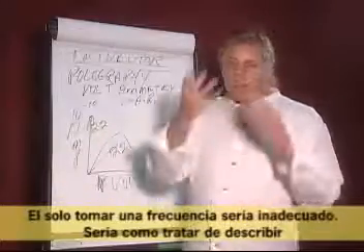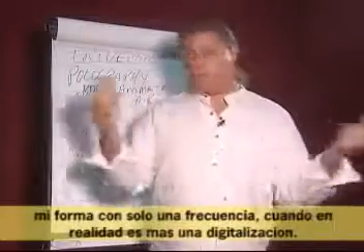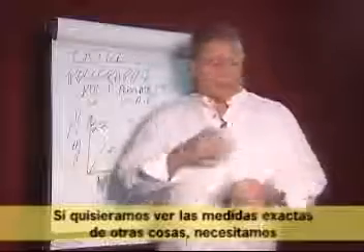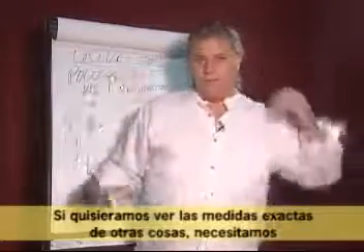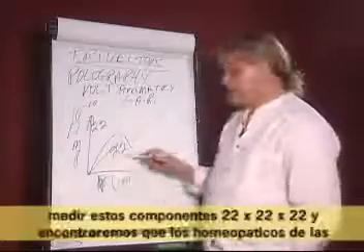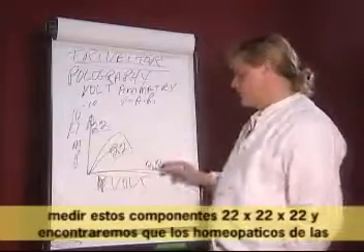That would be like trying to describe my shape with just one frequency, whereas actually it's very much a digitization. If we wanted to see exactly the measurements of other things, we really need to break it up into smaller components. We allow the computer to then measure these items, 22 by 22 by 22.